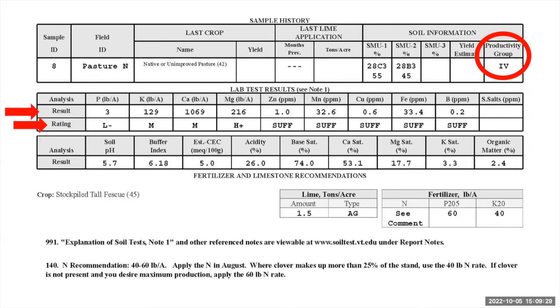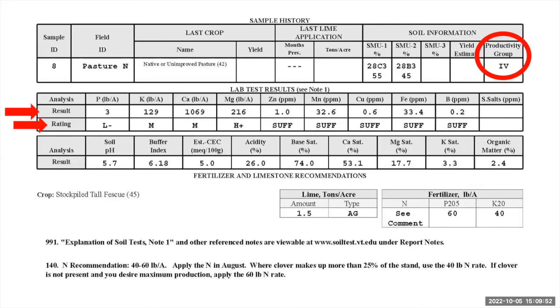So how much can we actually expect a given crop to yield on your soils? Then they work backwards from that. They say, okay, well, then we would expect so much potassium, so much phosphorus to be taken up by that crop. And do you have enough in your soil to actually support that level of crop removal?